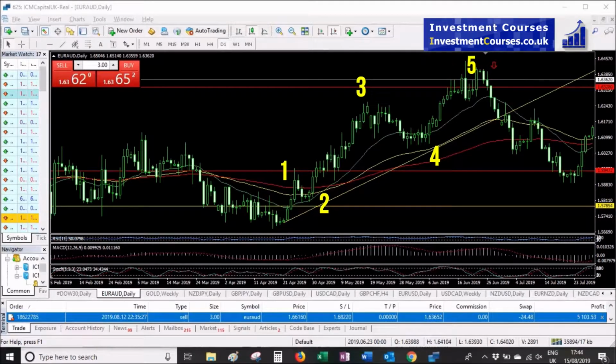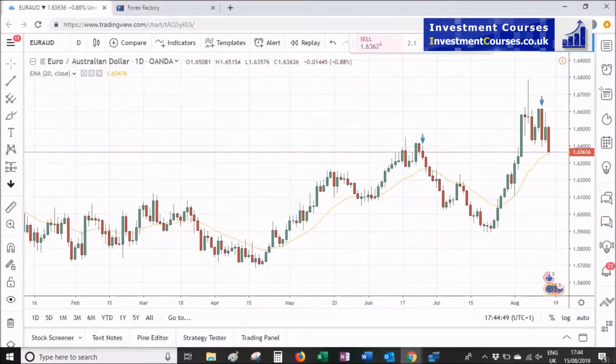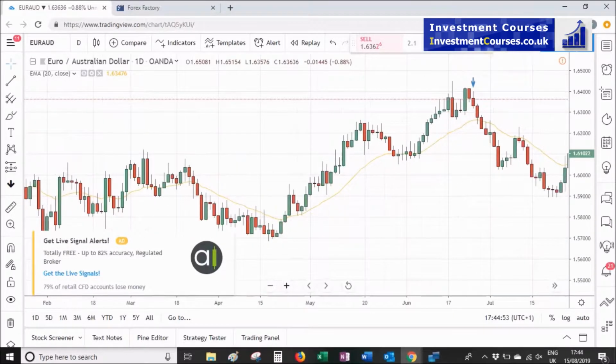But Elliott waves is not the only analysis we've done. We had a couple of other signals as well. For example, if I go to my other platform, the TradingView website, you can see this is the 25th of June. Let me make the chart a little bit bigger.